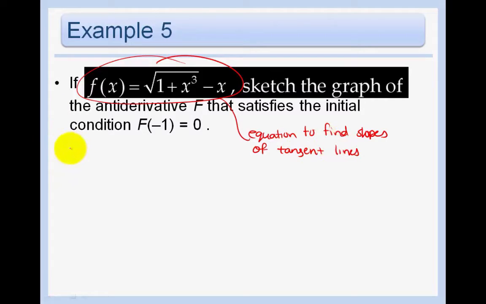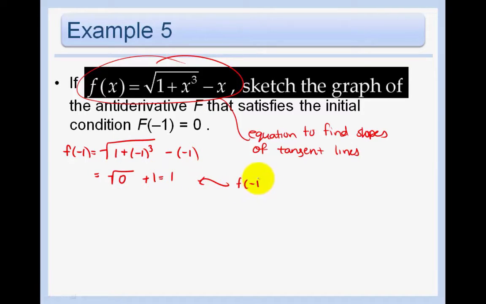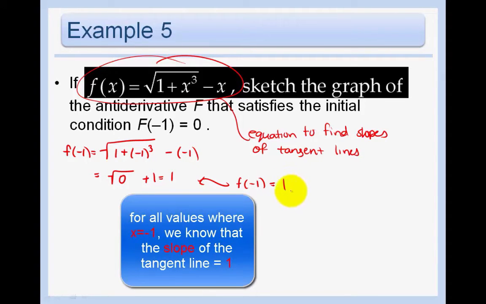In other words, the fact that f of negative 1 equals 1 plus negative 1 cubed minus a minus 1, which would be 1 minus 1 plus 1. The fact that f of negative 1 equals 1 means that for all values of x equals negative 1, the slope of the tangent line equals 1.